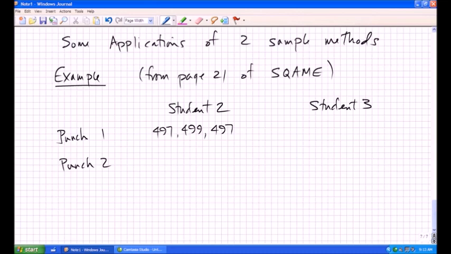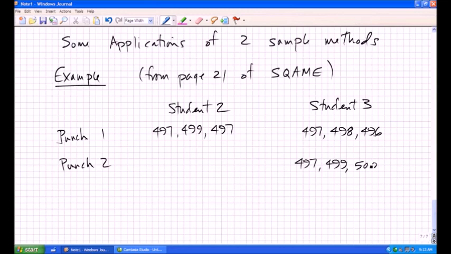Student 3 on that same punch measured a 497, a 498, and a 496, and student 3 on punch 2 measured a 497, a 499, and a 500.